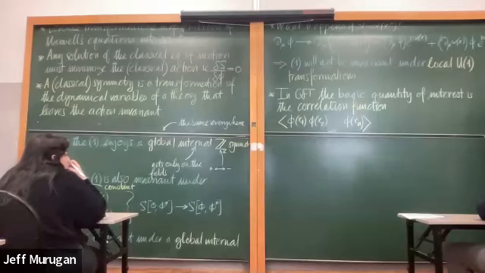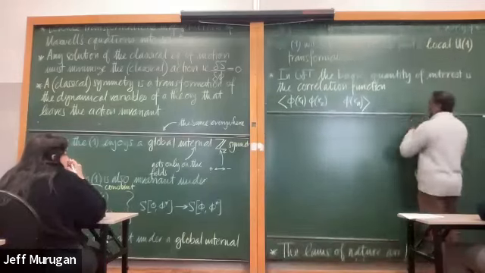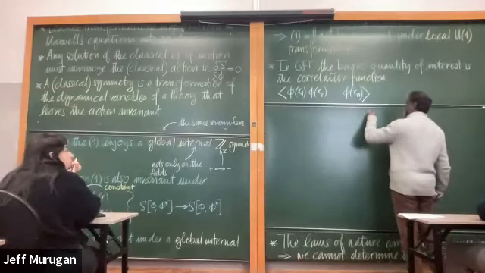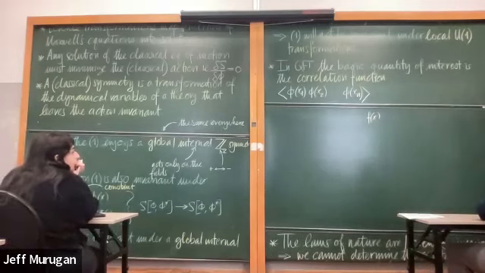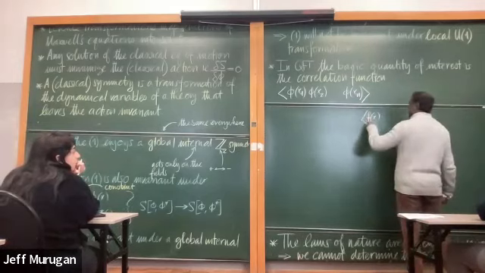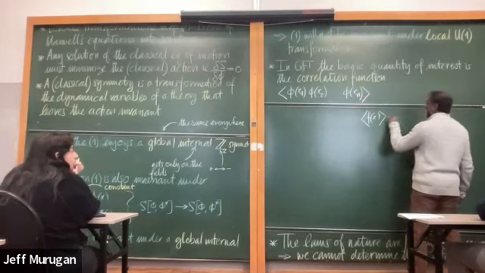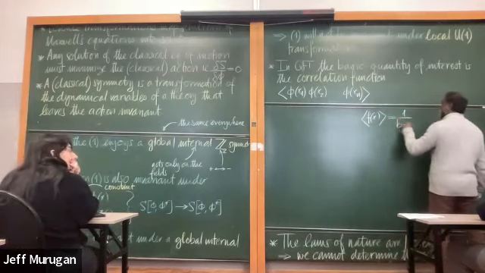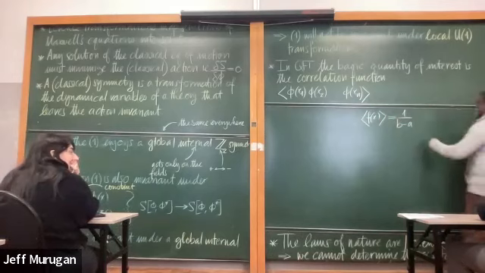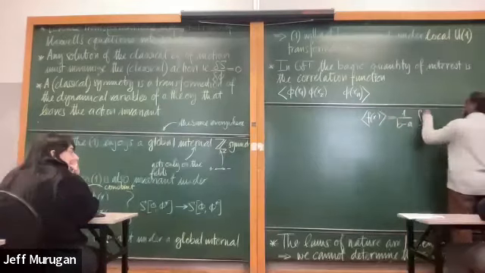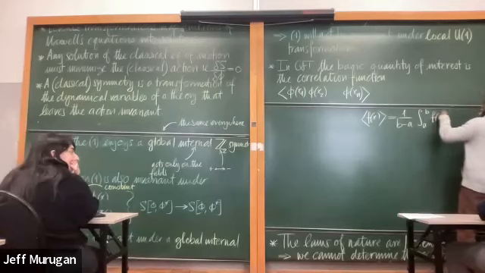So in first year, if I ask you to calculate the average of a function f of x over the interval from a to b, then the average was one over the size of the interval times the integral from a to b of f of x.